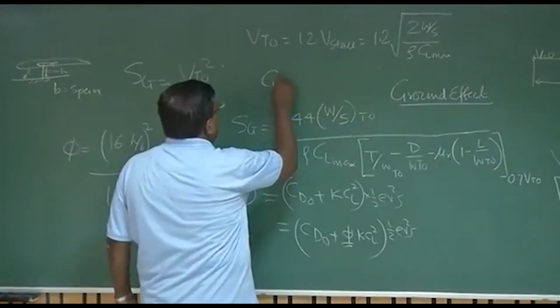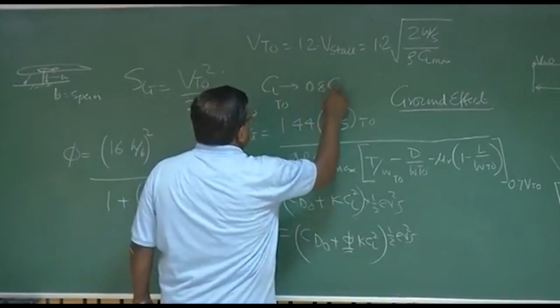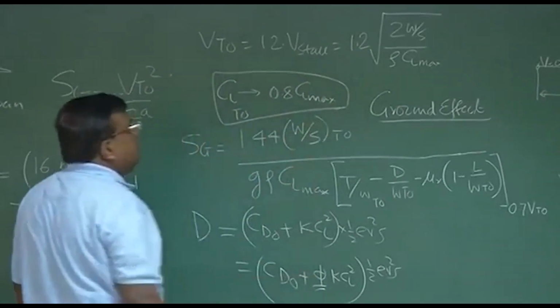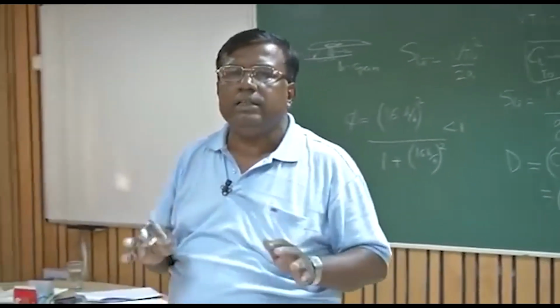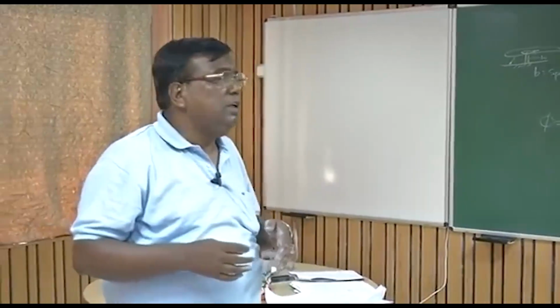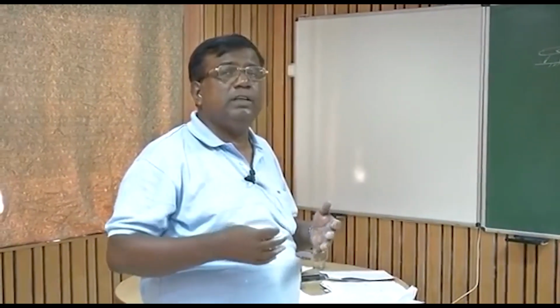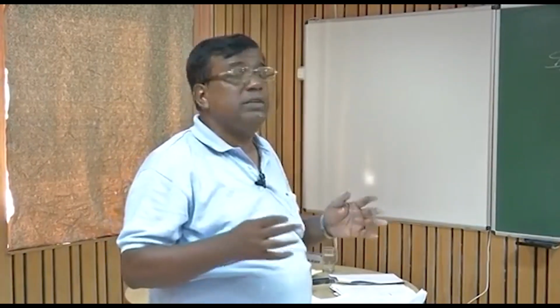So CL takeoff, you take as 0.8 times CL max. All this nitty-gritty will be clear once you solve a numerical problem. But now this session is to understand the physics behind it. Okay? All these numbers have come not necessarily because of well understood physics, but from the regulatory angle also, to ensure that everything is safe.